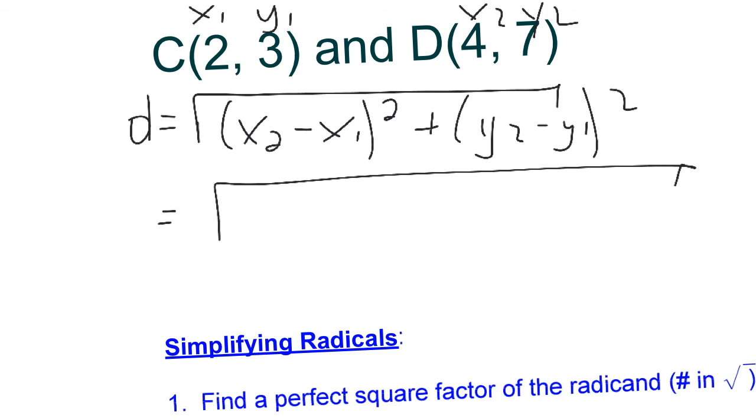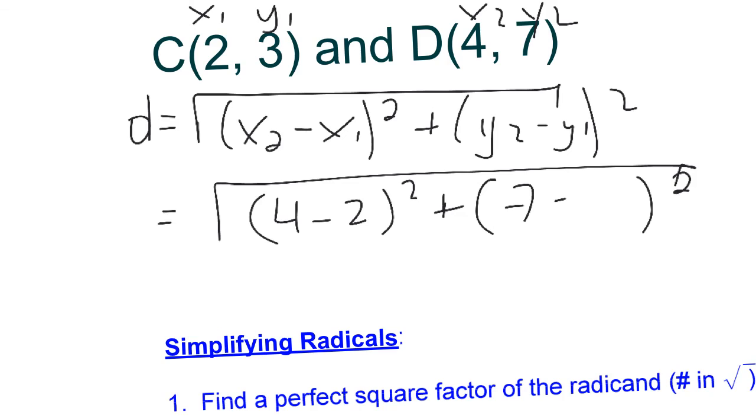So let's substitute the numbers. Again, in class I have a longer explanation why the formula works. So I will do 4 minus 2 to the second power, 7 minus 3 to the second power.